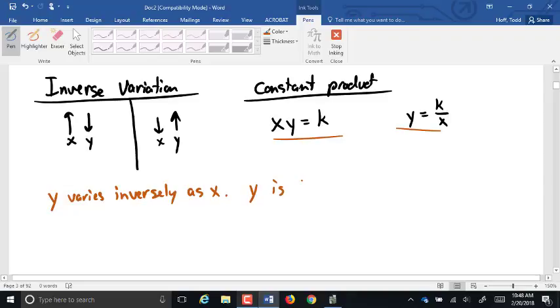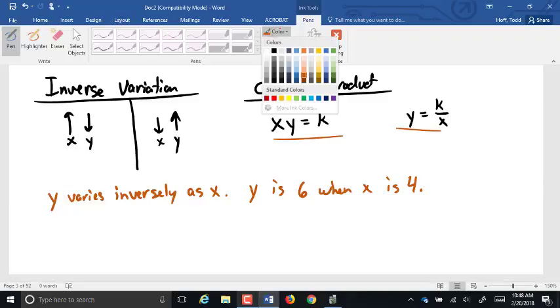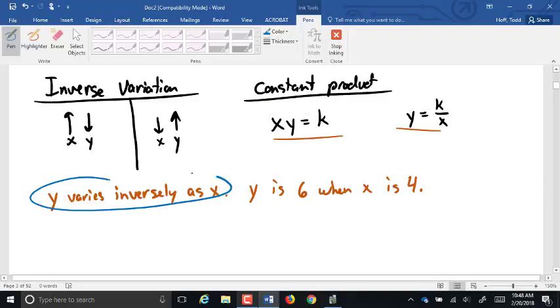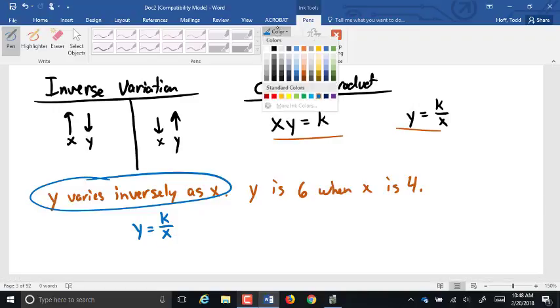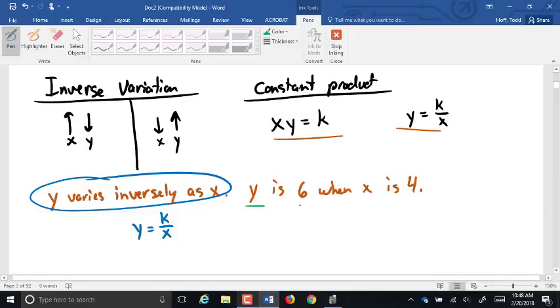Y is 6 when x is 4. What's this telling us? Again, y varies inversely as x. We know that y equals, instead of a constant times x, it's a constant divided by x. Then y is 6 when x is 4.